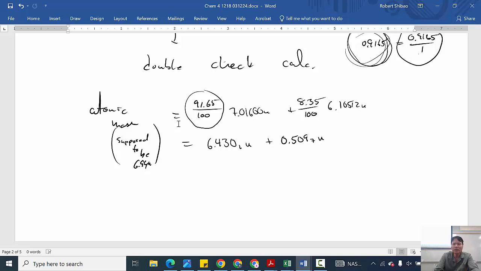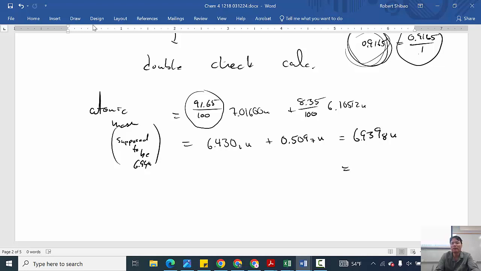So how many decimal places am I allowed in the addition? 3. So I'll take this number plus 6.4301, and that gives me 6.9398 u.